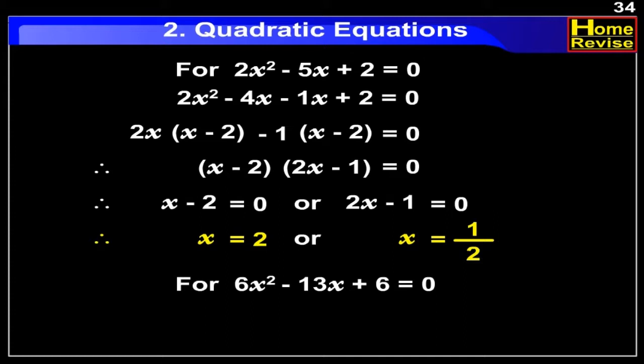Now, for the equation 6x square minus 13x plus 6 is equal to 0, splitting the middle term, we get 6x square minus 9x minus 4x plus 6 is equal to 0.